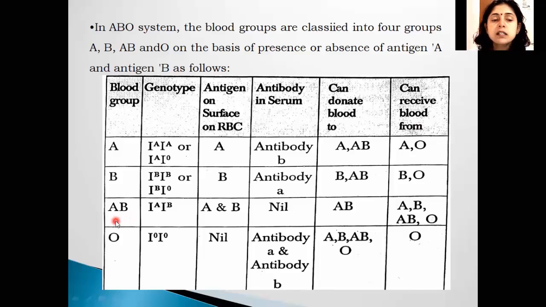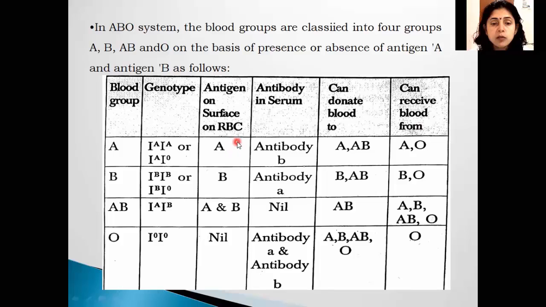Now next is AB. Here there will be only one combination, IA IB, which is the genetic combination. And on the antigen side, some people have RBCs where antigen A is present and antigen B is present. Both are present.